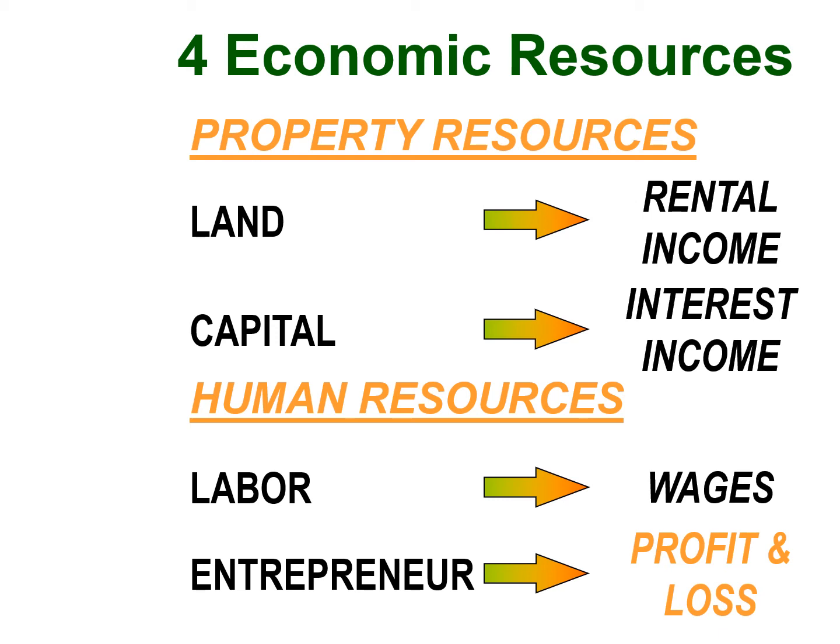Think of the entrepreneur as the woman or the man who decides how to deploy the other resources. We will discuss the entrepreneur in more detail on the next slide. For now, notice that unlike the other three resources, land resources put to use receive rental income, capital receives interest income, labor receives wages. However, the entrepreneur could receive profit if successful, but could also suffer loss.